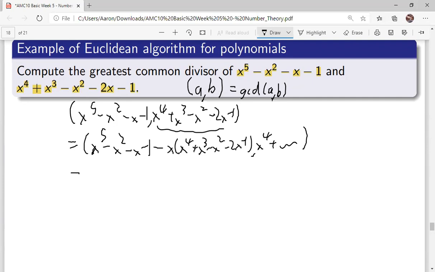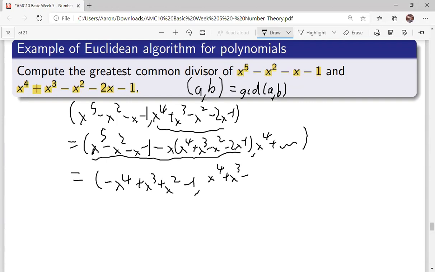And so when you expand this out and simplify it, you just get negative x to the fourth plus x cubed plus x squared minus 1 and x to the fourth plus x cubed minus x squared minus 2x minus 1.